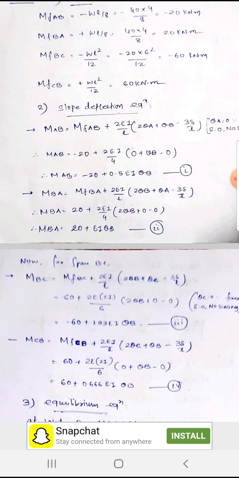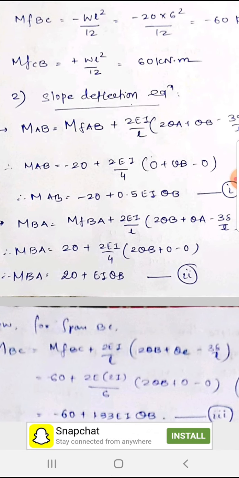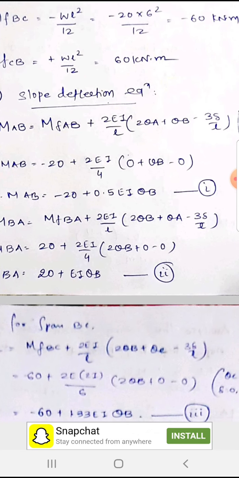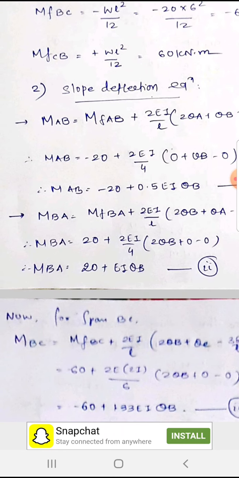Now what is the MAB? We put all the values in that equation and finally we get moment AB is equal to minus 20 plus 0.5 EI theta B. We take this as equation number 1.